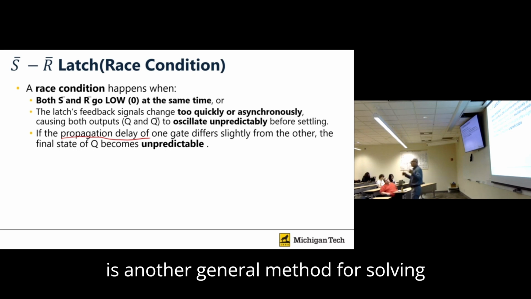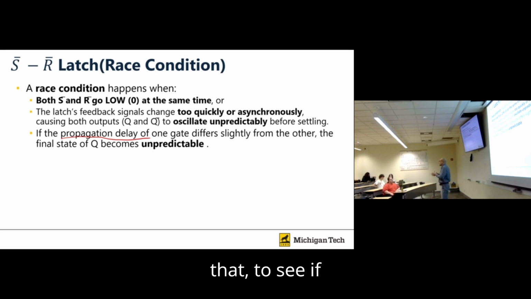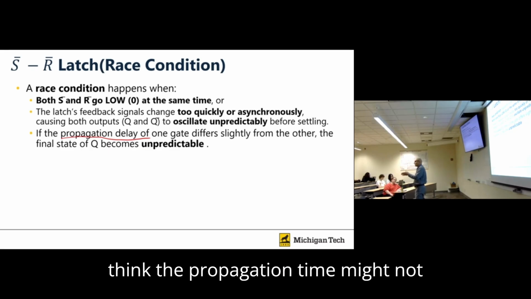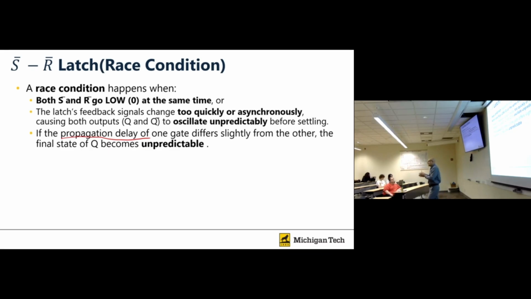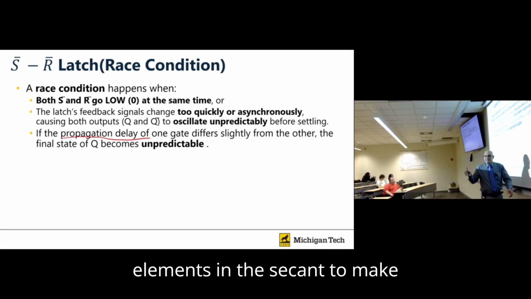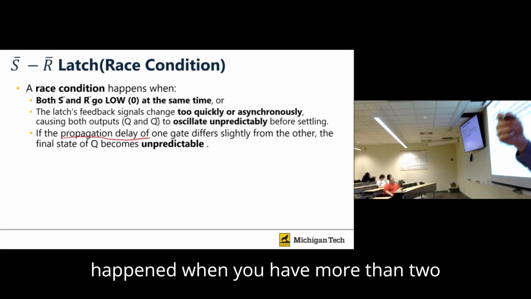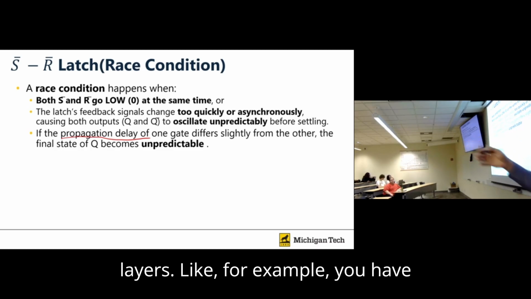This is another general method for solving that, to see if there is a propagation time. And if you think the propagation time might not be similar, we can put some extra elements in the circuit to make this propagation time equal. This happens when you have more than 2 layers.